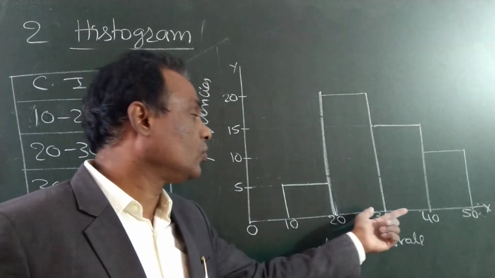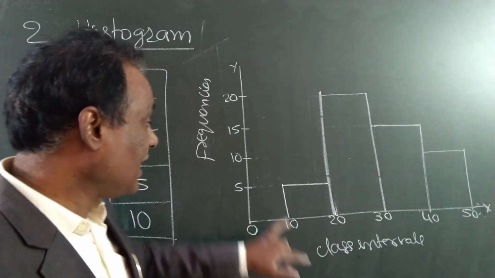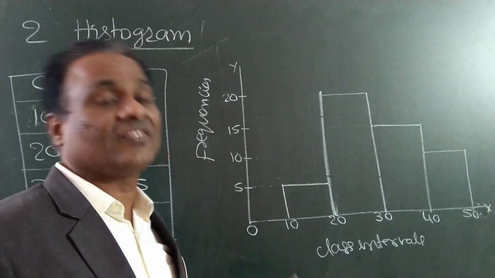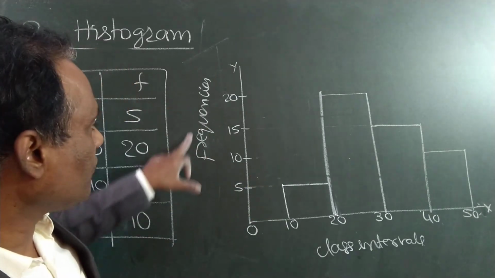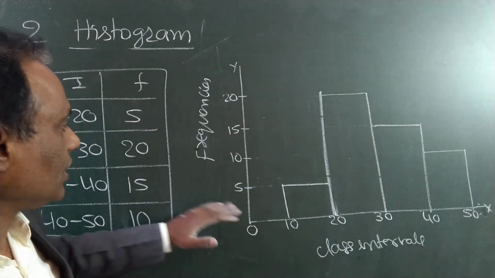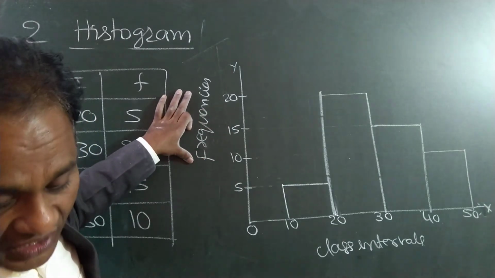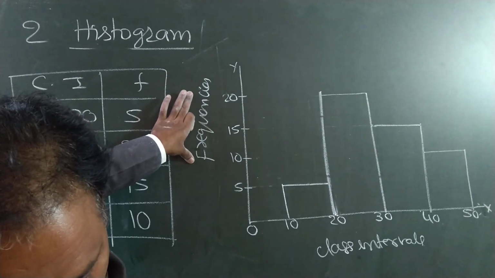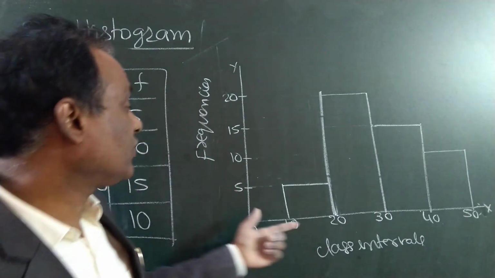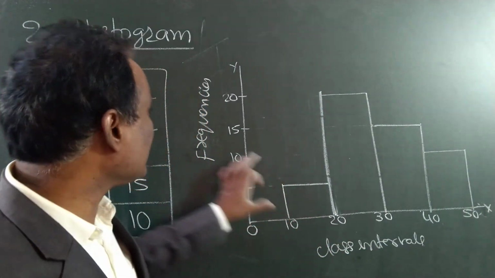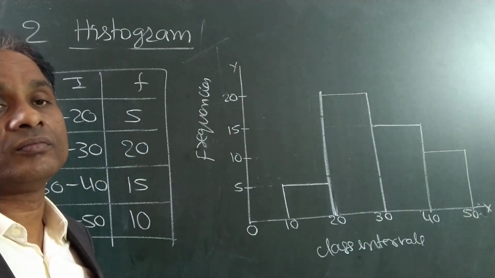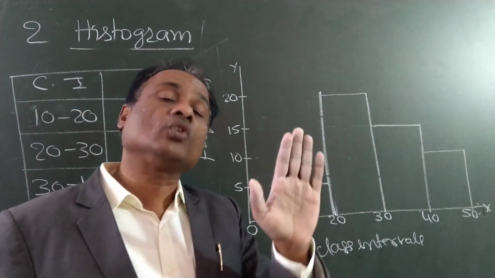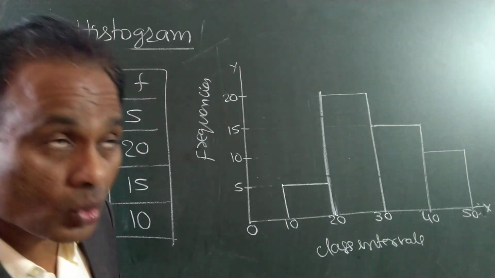So whose widths are equal to class intervals and lengths are equal to frequency is called a histogram.